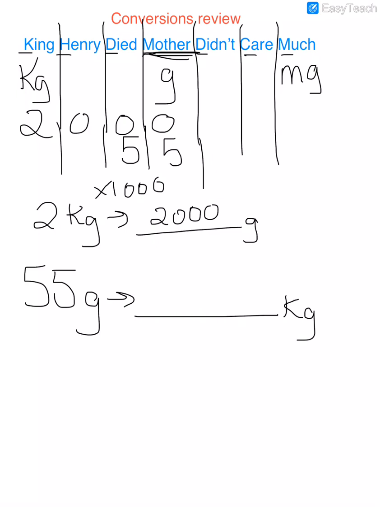Remember, the unit is placed at the grams and not in decigrams. So 55 grams, and I'm going to work backwards all the way to kilograms. 1, 2, 3. So the answer is 55 divided by 1,000, which gives me 0.055 kilograms.